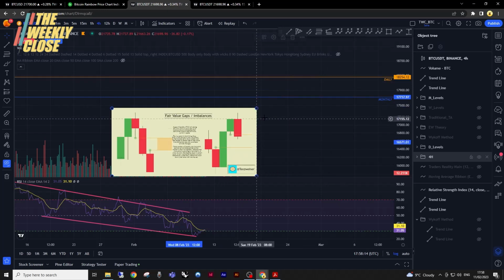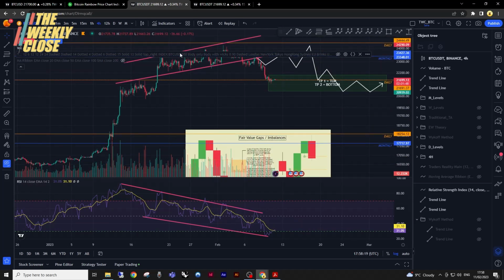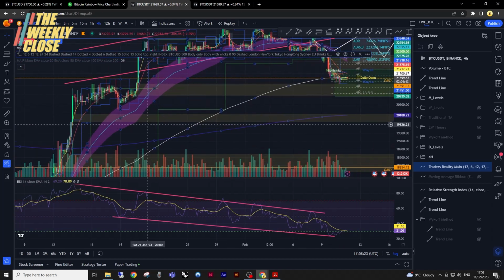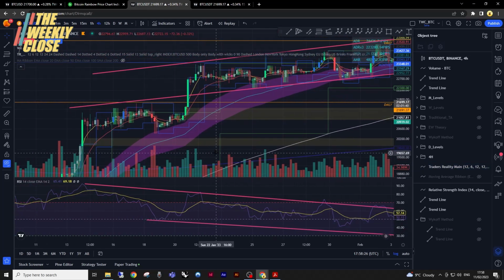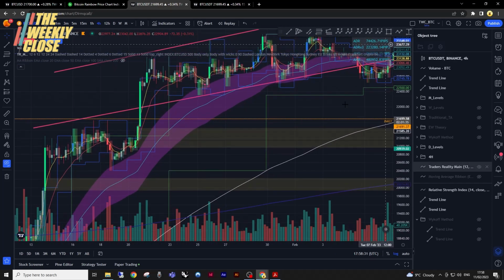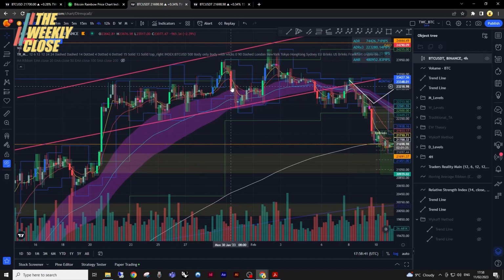What's really great about the Traders' Reality indicator, which I'll just turn on, and we'll move away from the RSI momentarily, is the change of appearance to these candles. The reason why it's important and really useful is that these uber green and uber red candles represent twice the average volume of the previous 10 candles.